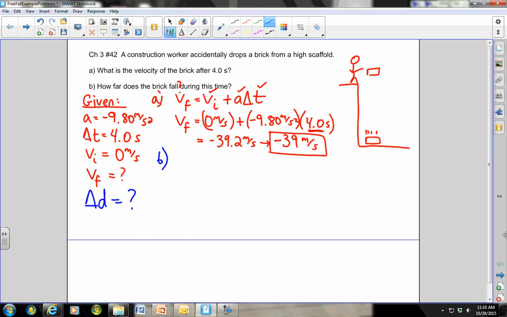So we're looking for displacement. And we're looking for a formula. Now we have a lot of givens now because we also have final velocity. So there's a couple different ones you could use. I'm going to use this one off the note card. Initial velocity times change in time plus 1/2 a delta t squared.